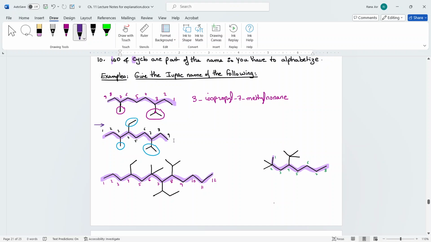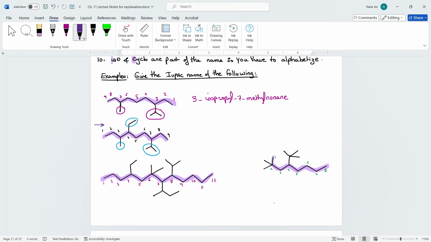Versus if I start numbering from this side, because both of these substituents are on the same carbon in their number, this is why I would need to give the second substituent the lowest number. So if I start numbering from this side, that substituent will be more than 4. So this is why I need to start numbering from here.